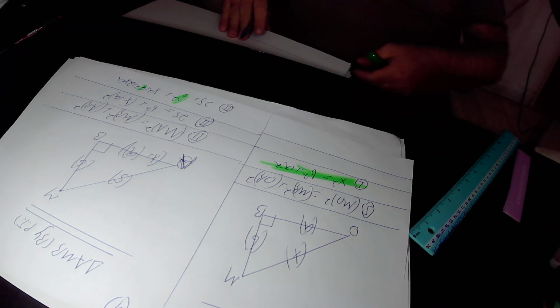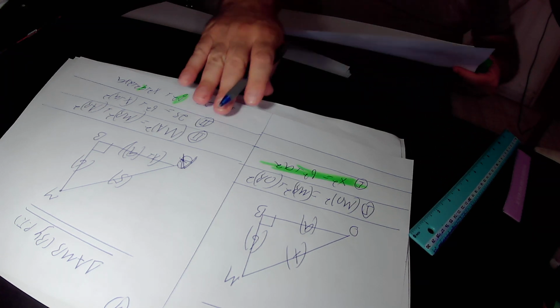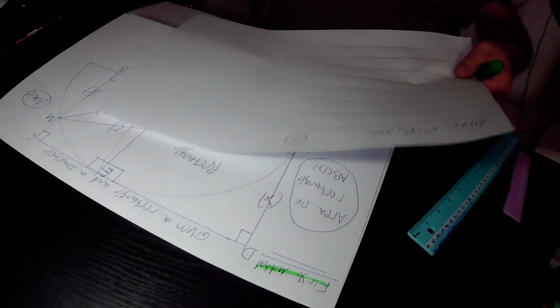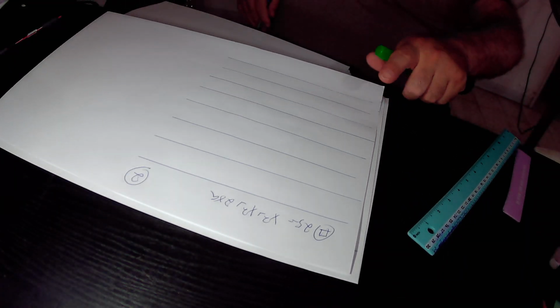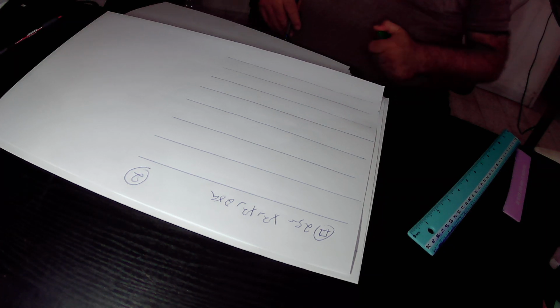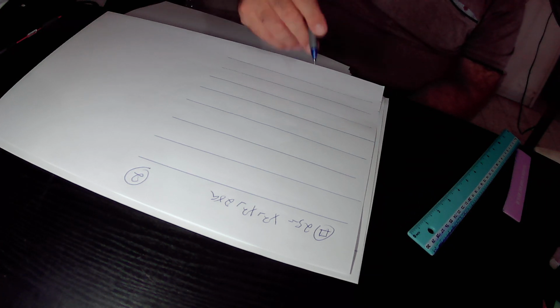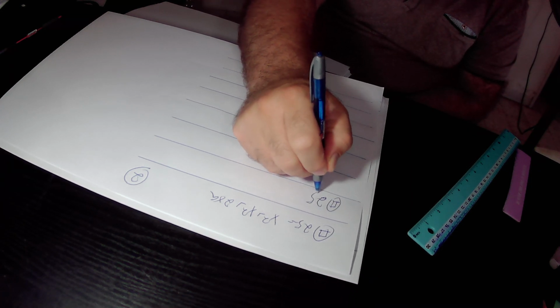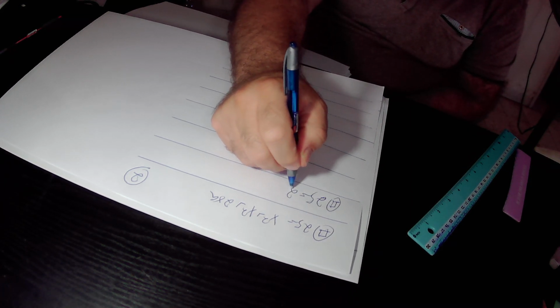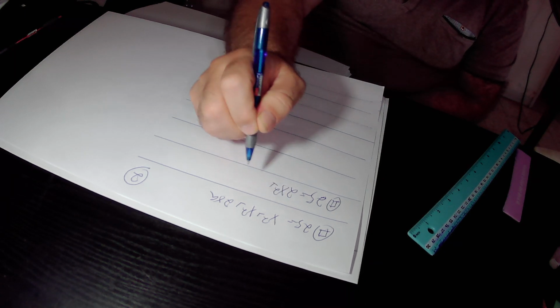So according to equation 2, we actually found out that 25 equals x square plus x square plus 2xa. So 25 equals x square plus x square, which is 2x square, plus 2xa.